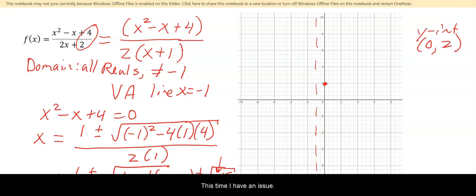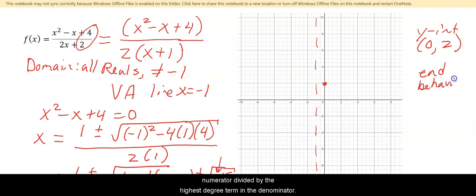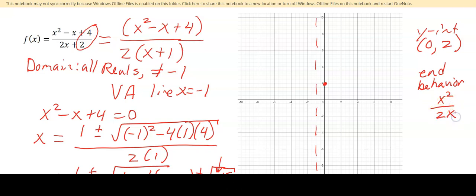This time I have an issue. My end behavior looks at the highest degree term in the numerator divided by the highest degree term in the denominator. This time it is a top-heavy fraction. When it is a top-heavy fraction, it means that the end behavior does not follow a horizontal line, but will instead follow some other shape.